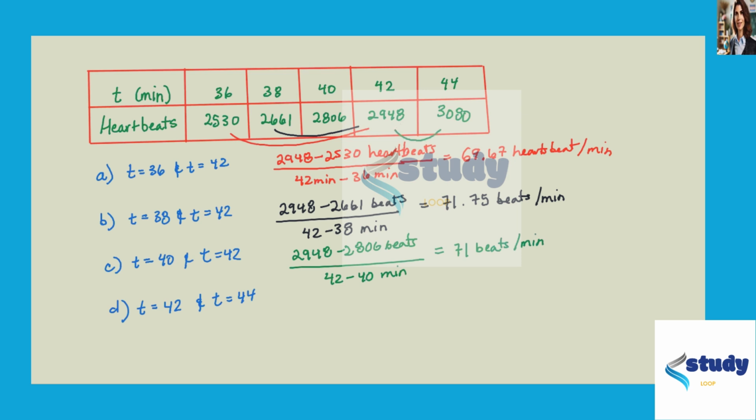So let's go ahead and do rise over run for that last interval. 3080 minus 2948 beats per 44 minus 42 minutes. So let's do that. 3080 minus 2948 divided by 2 minutes, and we get 66. So this is 66 beats per minute.